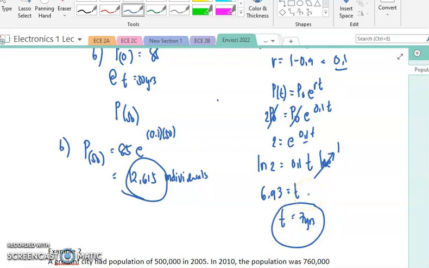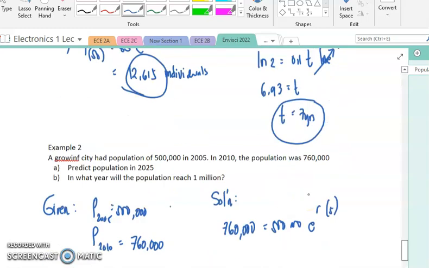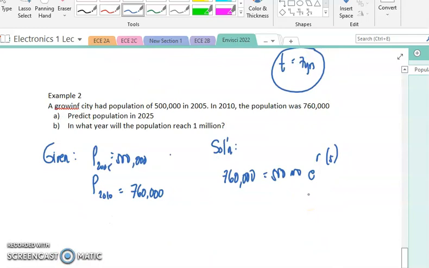Okay. Next, let's proceed with this one. For this one, 760,000 divided by 500,000, we have 1.52. So we have here 1.52 equal to e raised to r5. So we have to bring this down, we perform ln. So this is ln 1.52 equal to r5 ln of e.